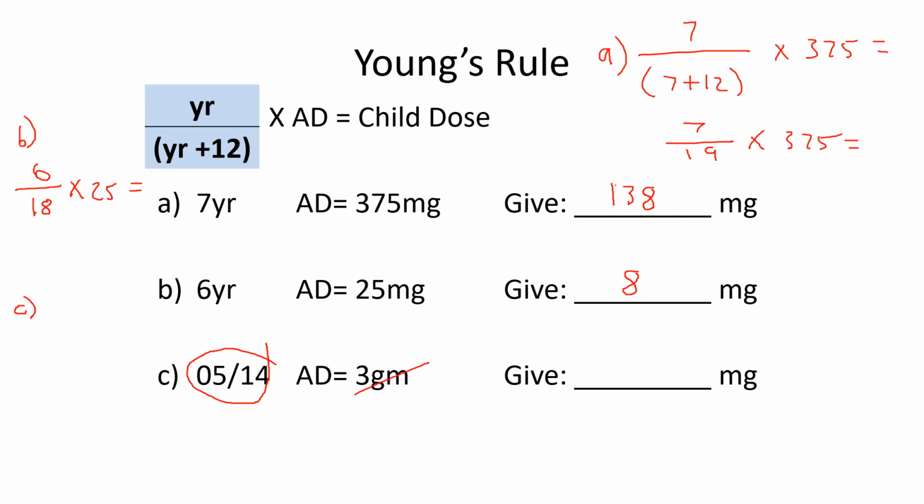So what's their closest age in years? Yeah, so they'll be about 4. So do 4 over 4 plus 12, which is 16, times 3,000. So we would give them 750.